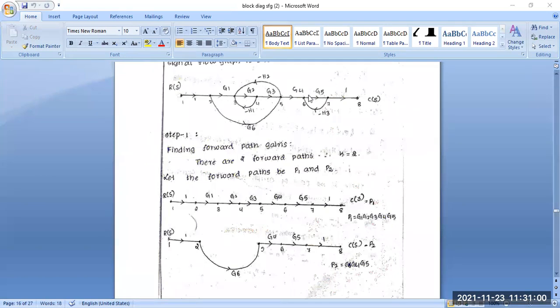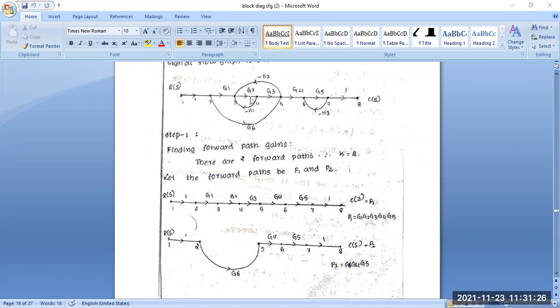But this loop is non-touching with this loop, or this one and this one also, because in this case, the starting point and ending point do not touch the other loops either. So that's why this loop and these three loops are called non-touching loops.